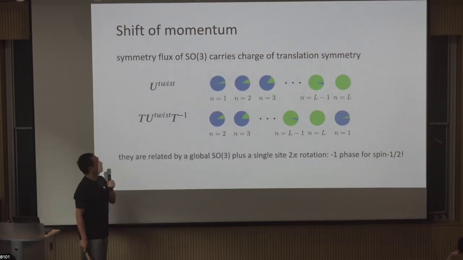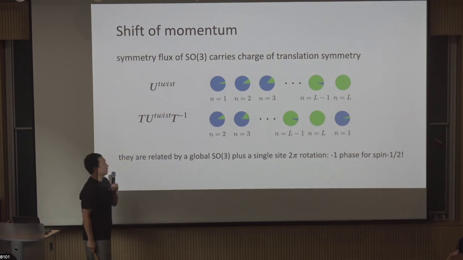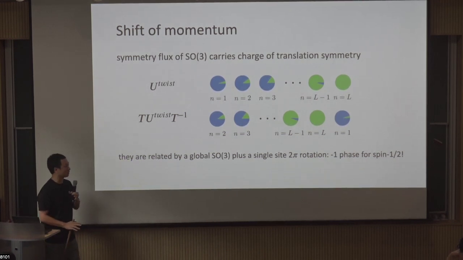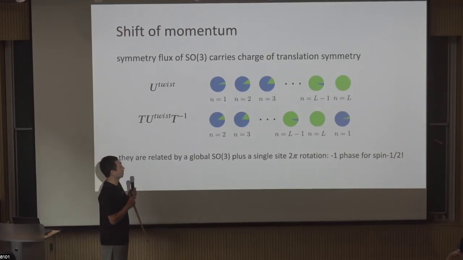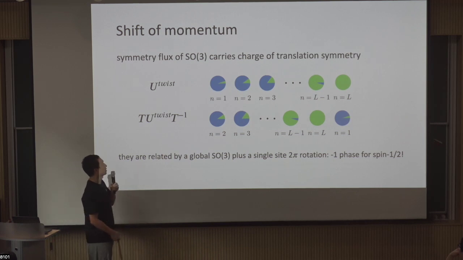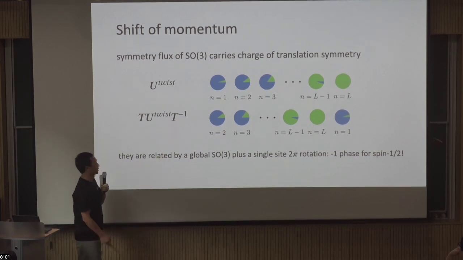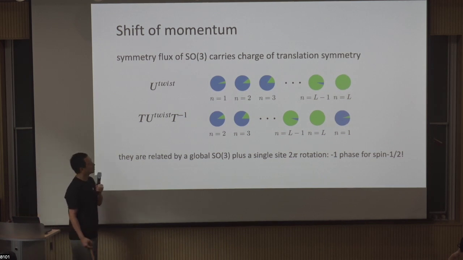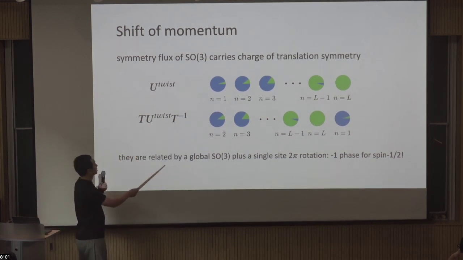How to see that? For those people who are not from a condensed matter background, at least for me in the beginning, before I saw the proof, it was quite surprising that such a simple operator can be argued to carry some definite charge of something else. But it works. Let's see how it works.